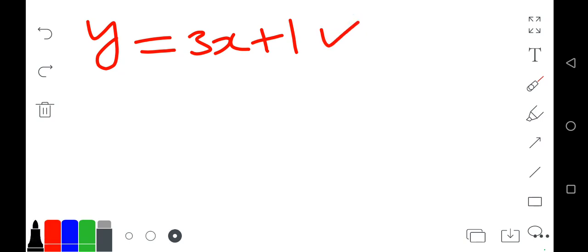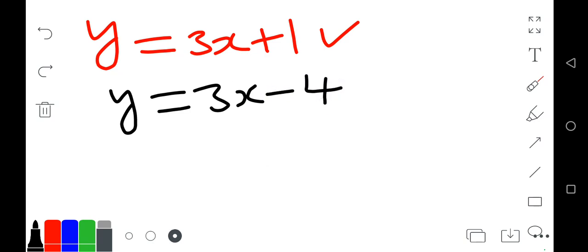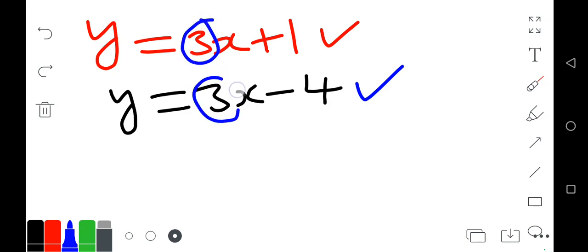And I have another equation, y equals 3x plus minus 4. When you look at the two equations, you'll find the coefficient of 3 in both, and that is the gradient.